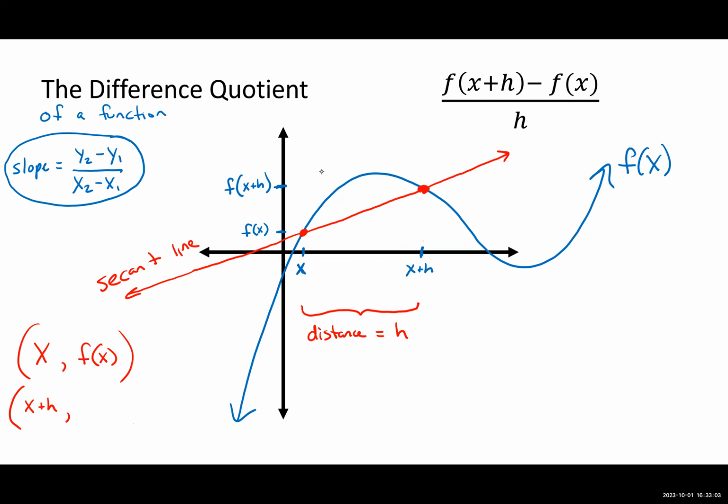But instead of using x's and y's, we're using two x values that are this far apart, h units apart. H could be any positive number. So two x values that are h apart, and then the y values, instead of using y's, we're using f of x's. So the y value of that second point is f of x plus h.